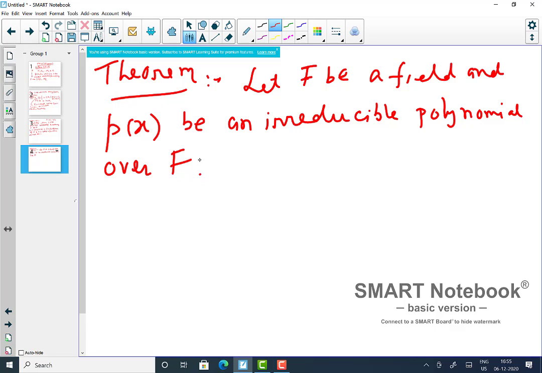Then you have a field extension in which p(x) has a root, which we proved already.